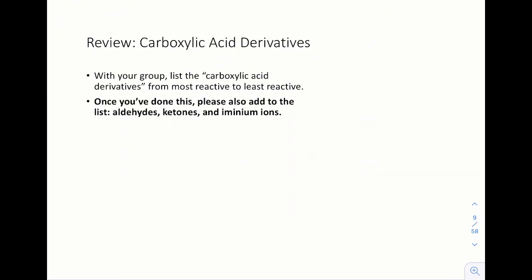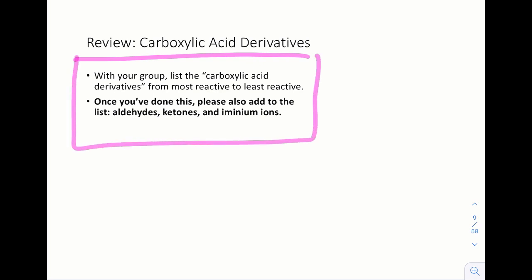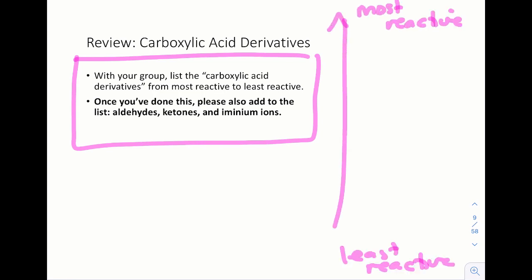The relative reactivity of carboxylic acid derivatives will continue to be important. So although you may not be with your group, you can on your own or virtually with a friend, list all the carboxylic acid derivatives that you know and then arrange them from most reactive to least reactive.